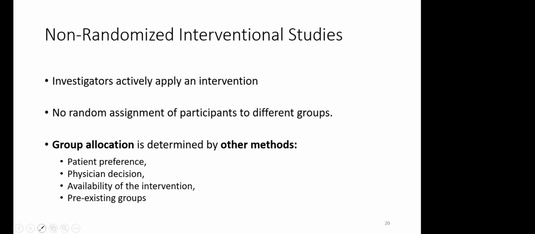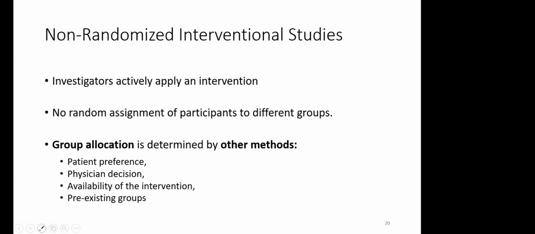Shift gears to non-randomized interventional studies. So in non-randomized interventional studies, investigators actively apply an intervention. It could be a drug, a surgical procedure, or a public health program.